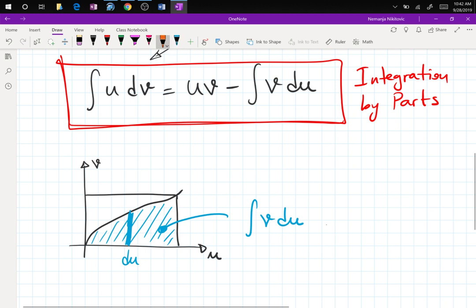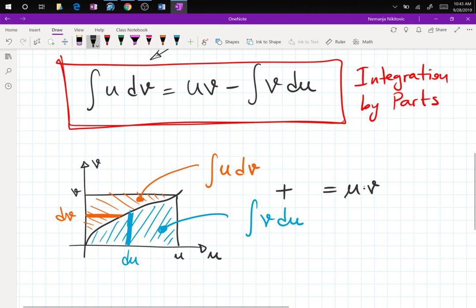Now for the other one, on the other side over here, we're going to have a representative rectangle that is flat like this, and that's going to be dv. So this integral is integral of u dv. And when you add these two, you are going to get your u times v, which is the area of the rectangle.